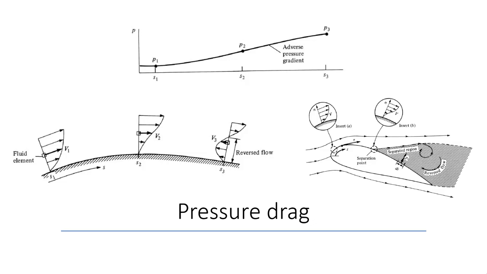As the fluid particle moves across the surface, it pushes against the shear stress and the adverse pressure gradient. In many situations, the fluid particles run out of steam, come to a stop, reverse their direction and start moving back upstream, as shown in the figure. When the flow separates, the pressure in the separated region, the wake region, drops and creates a suction effect. Hence, flow separation is the source of pressure drag in viscous flow.